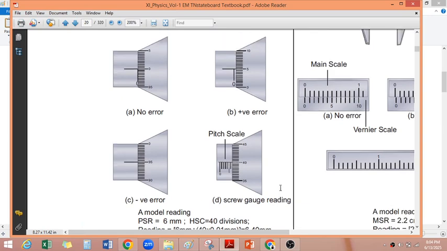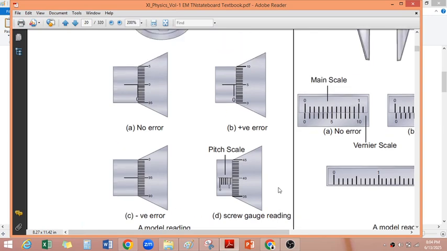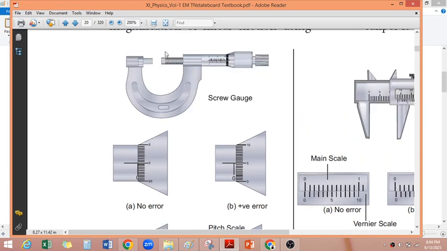Okay, then there is something called zero error. If you see this one, the zero is when you are filling this gap without any gap. If I keep on turning, it will come and hit this. When it is hitting it, you will see that zero should match with this line perfectly.